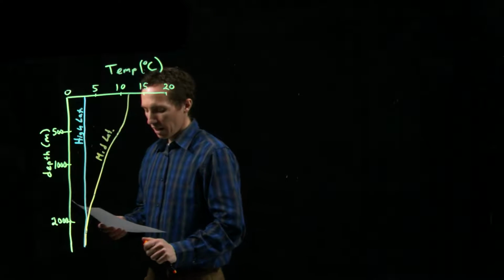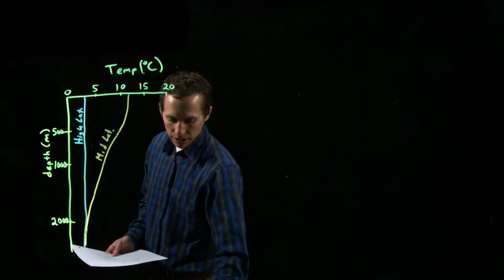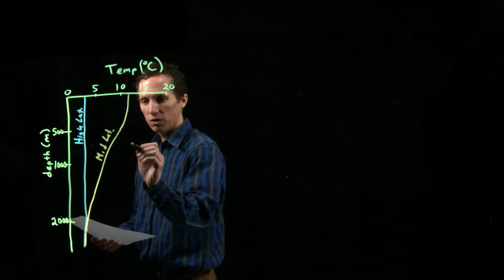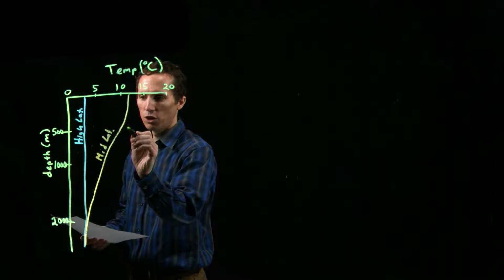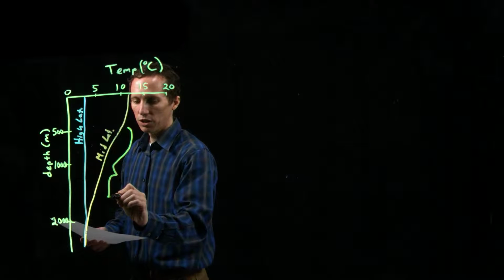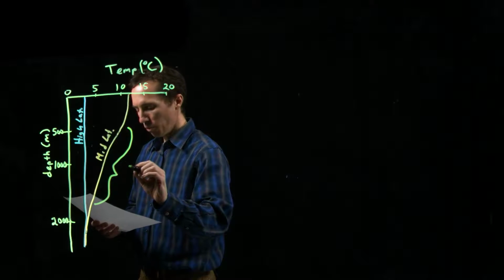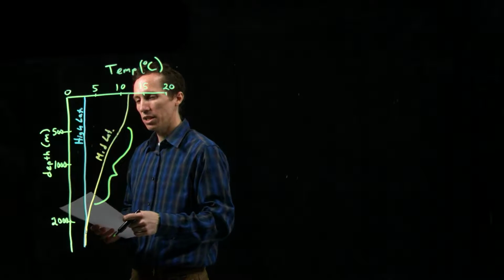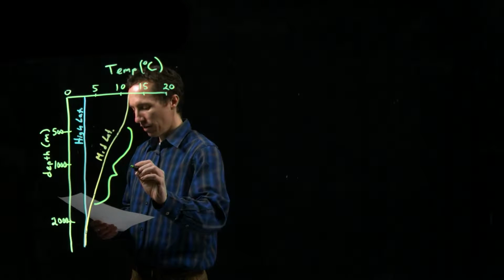profile, we've got a few different components that are starting to come into play here. We've got this zone between maybe 500 and 1,000 or 2,000 meters, where there's relatively strong changes in temperature as a function of depth.